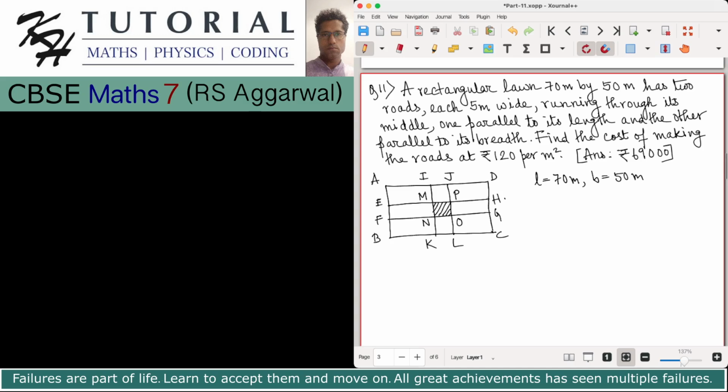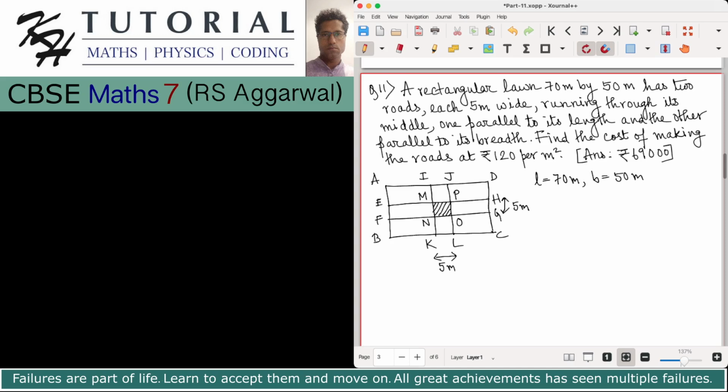Now both the roads are having the same width, so we can say this width is 5 meter and also this width is 5 meter. The total area of the two roads will be the sum of the areas of the two rectangles representing the two roads.